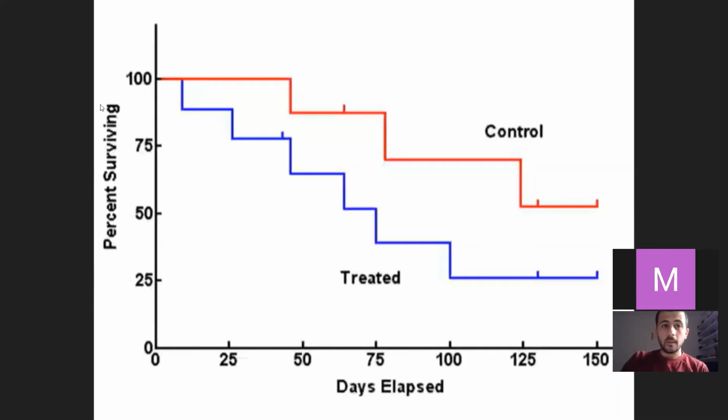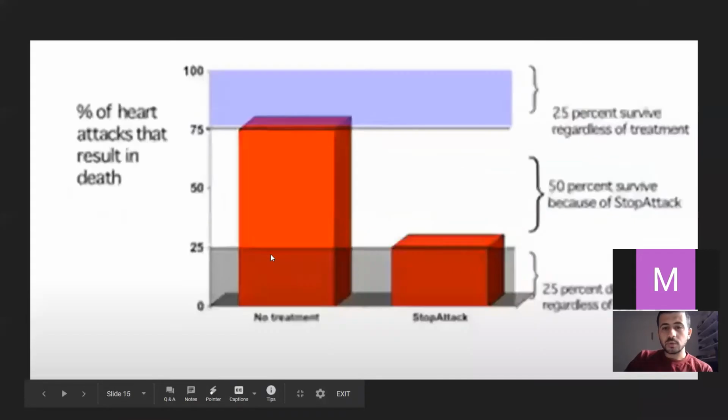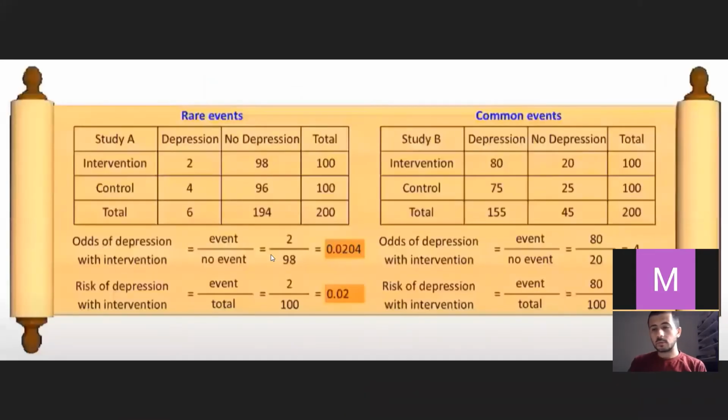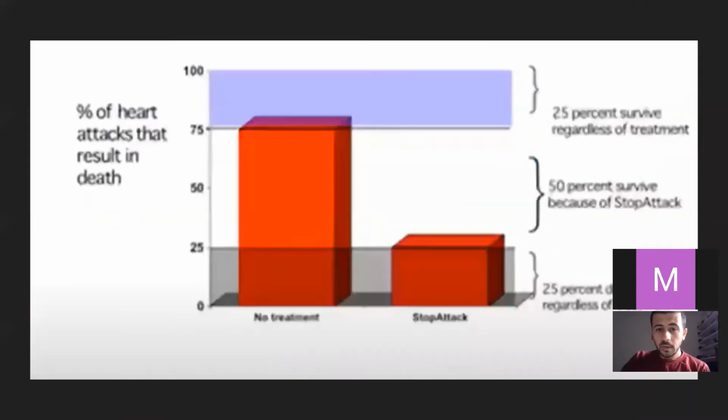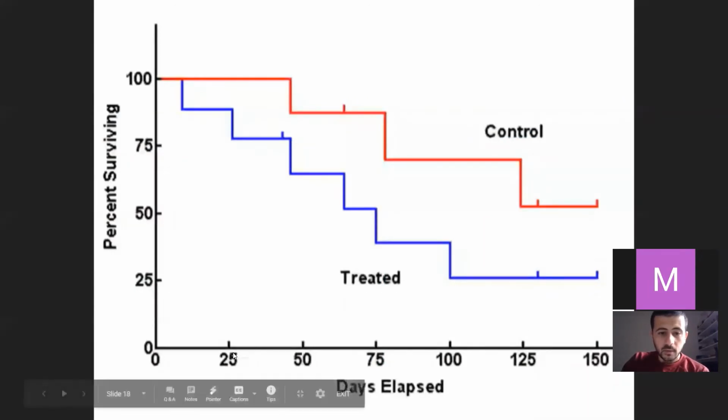So what is the difference between this and the 2x2 table we usually talk about? Here actually there is a 2x2 table, but for each time point. If we take the 0, we have 100% and 100%.